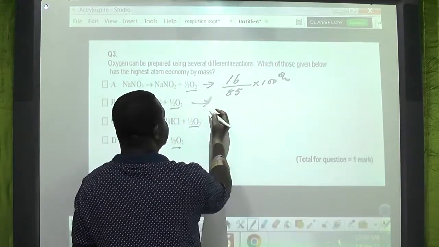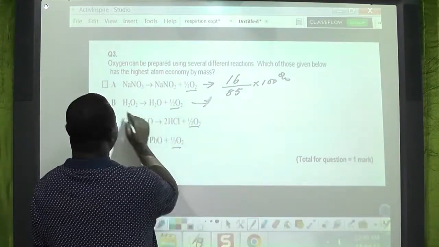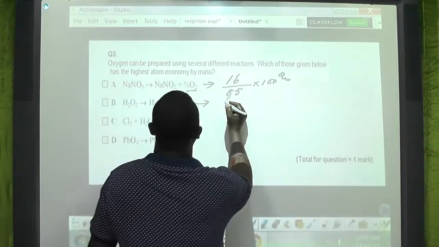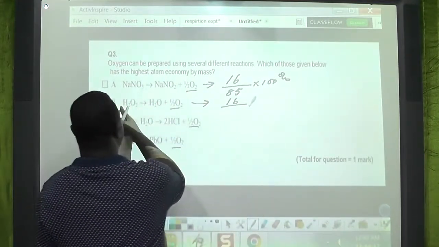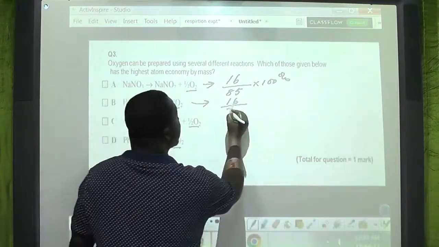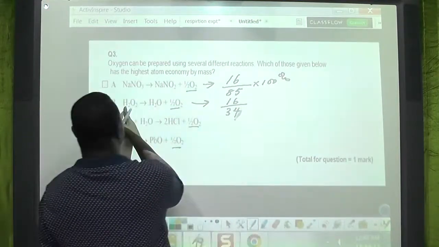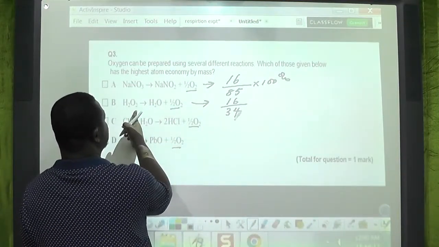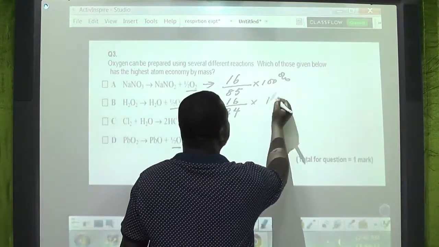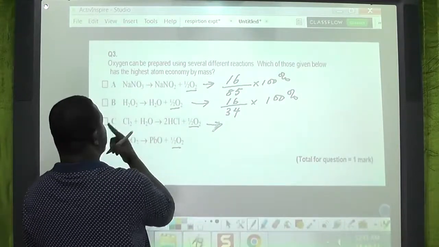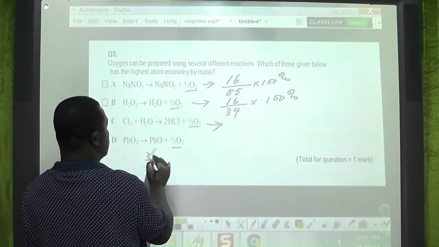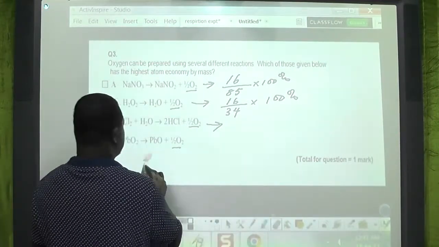This one gave me, again 16, everything is 16 there, divided by H2O2, 34, because this is 1 times 2 plus 32, times 100%.